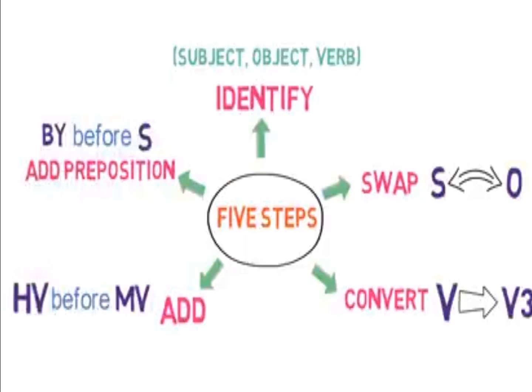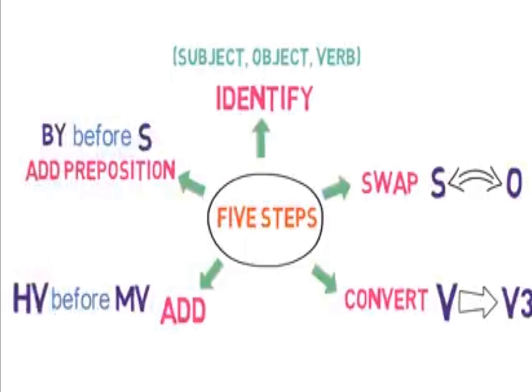Identify subject, object and verb. Swap subject and object places. Then convert the verb from the first form, second form to the third form of the verb.